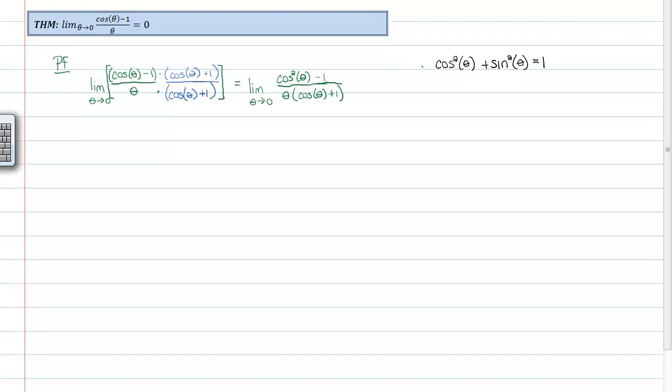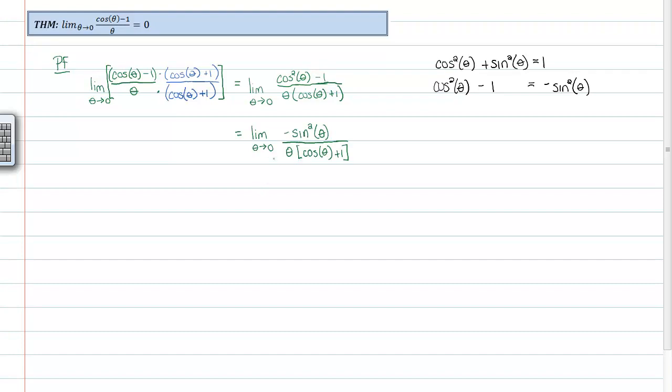This is known as the Pythagorean identity, and if I subtract 1 from both sides and subtract sine squared from both sides, I will get the actual expression that we're looking at in the numerator of our limit. So this is going to equal negative sine squared of theta, which is perfectly fine for me because all I care about is having the sine of theta up there. So let's exchange this expression in the numerator for negative sine squared of theta.